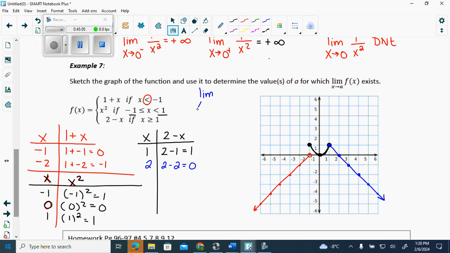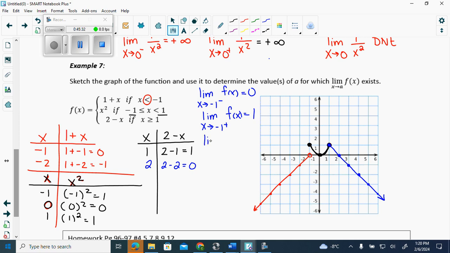The limit as x approaches -1 from the left of f of x. What does it equal? Equals 0. That's what it's getting closer to. The limit as x approaches -1 from the right of f of x. What is it approaching? 1. Are they the same? No.